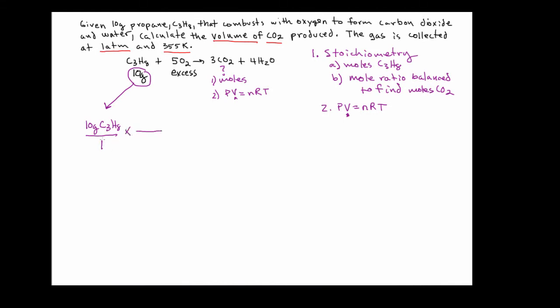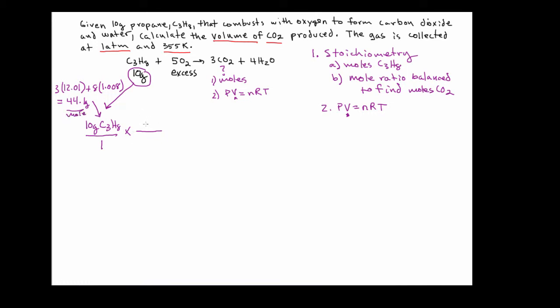So we're going to find the moles first, which means we need the molar mass of propane, and to find that we need to recognize that there are 3 carbons. Each carbon is worth 12.01 grams per mole, and there's a total of 8 hydrogens, and on my periodic table my hydrogens are worth 1.008 grams per mole, and the grand total is going to be 44.1 grams per mole for the propane.